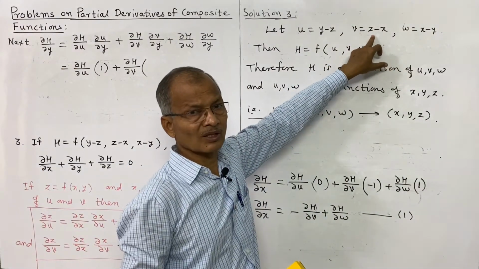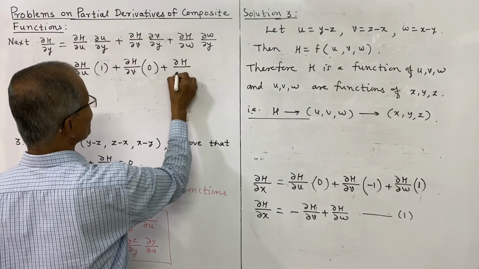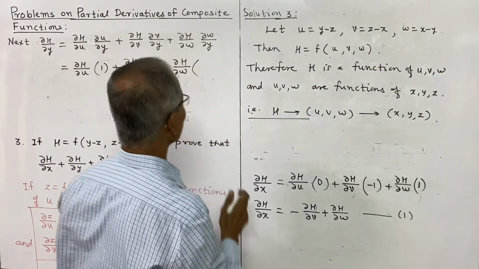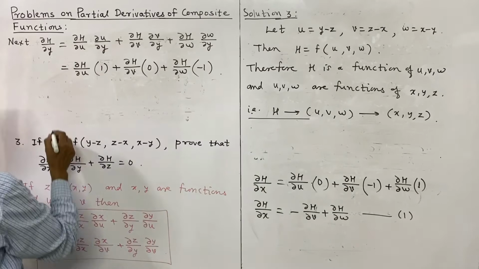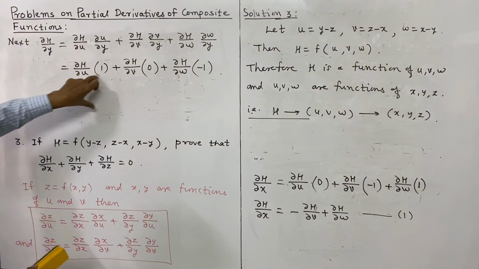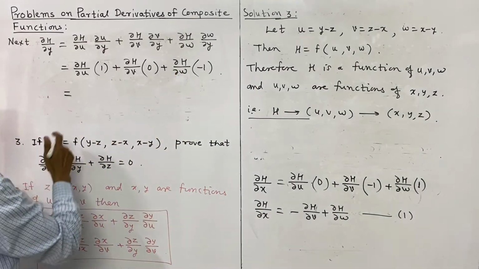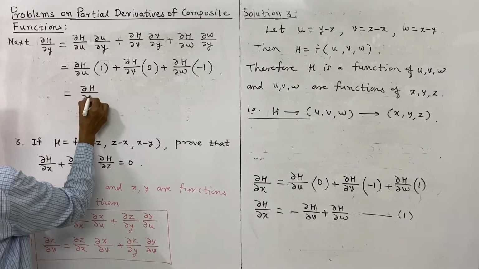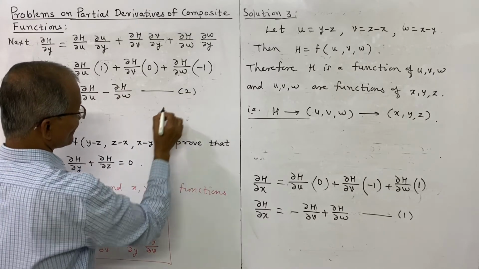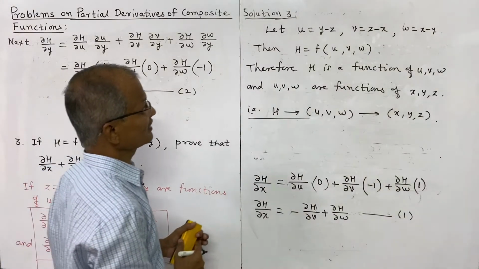There is no y; z and x are constants, so its derivative is 0, plus the partial derivative of h with respect to w, and that of w with respect to y is minus 1. See, this is a positive value and this is negative. So that can be written as ∂h/∂u minus ∂h/∂w. This is the second relation. And now we shall write the third one.